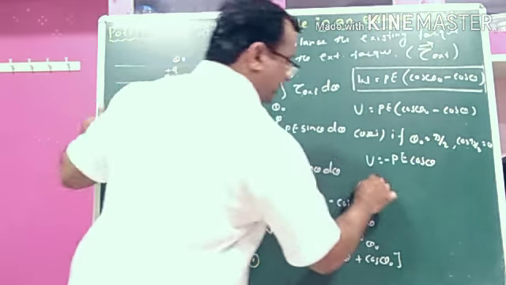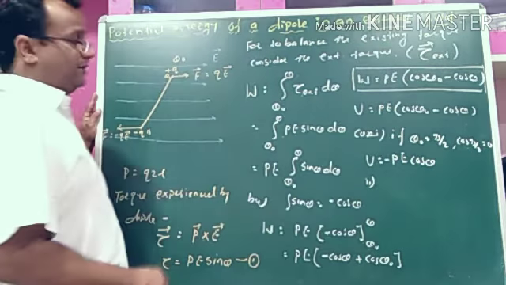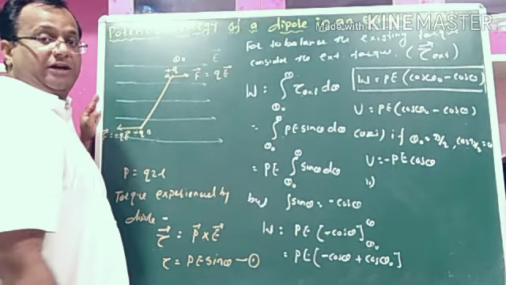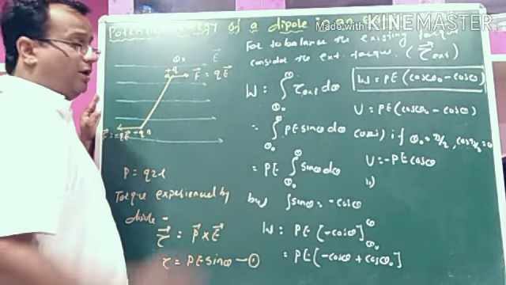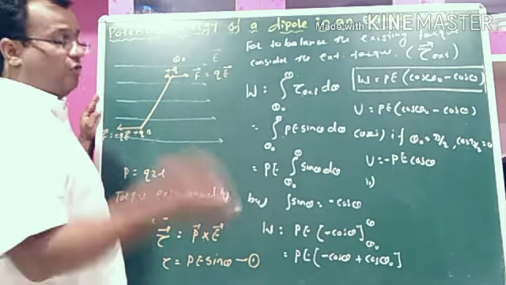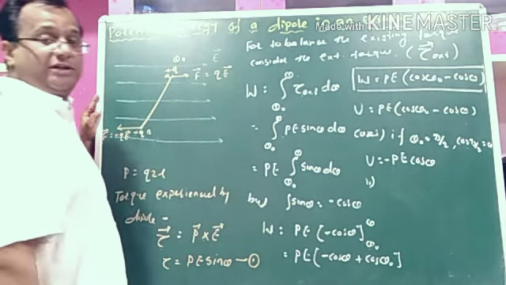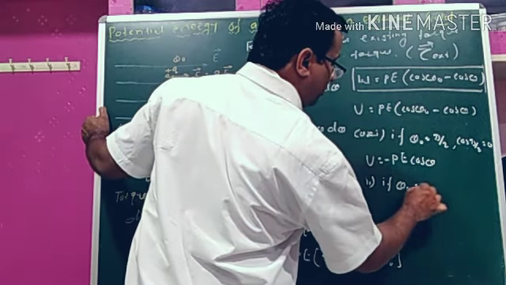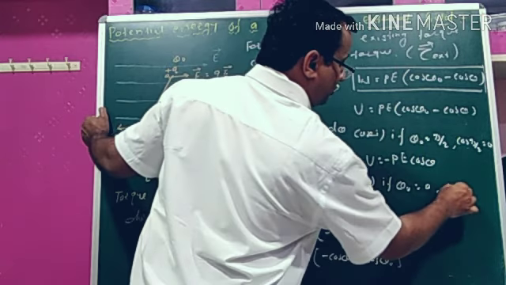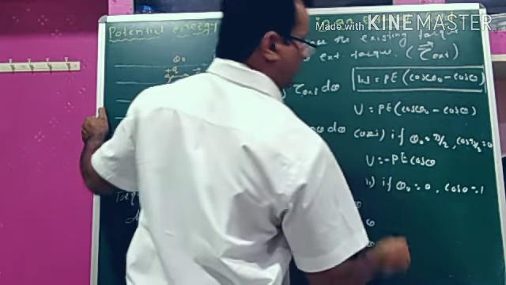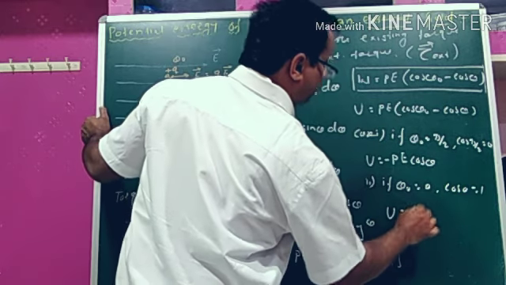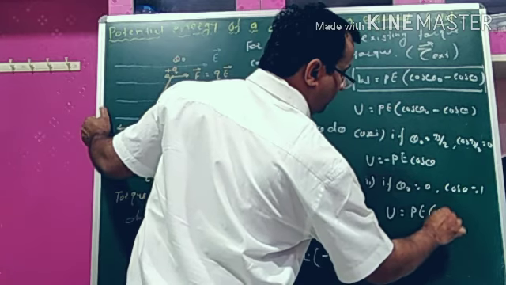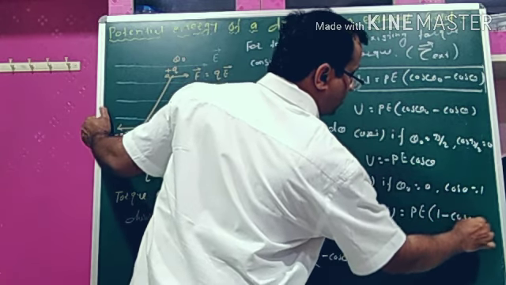Now the second case: suppose initially this dipole is placed parallel to the external electric field. Then how much work is done, that is, how much potential energy is stored inside this dipole? If theta 0 is equal to 0, then cos 0 is equal to 1, so the potential energy is equal to P into E into 1 minus cos theta.